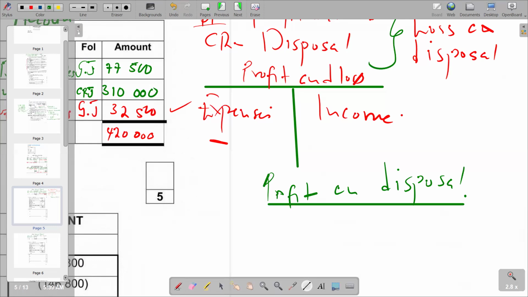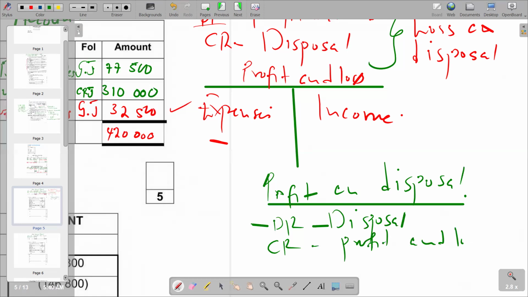We are saying we debit disposal and credit profit and loss. So that's the double entry that we have. By crediting profit and loss, it's an income, so it will be a profit on disposal. So basically, that's what we have in terms of double entry of disposal.